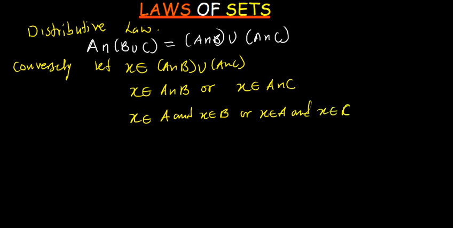So at this stage, we are just changing like we did on the previous one. We have got X is a member of A and X is a member of B, or X is a member of A and X is a member of C. That means X is a member of A and X is a member of B or X is a member of C. We can simply write it like that.